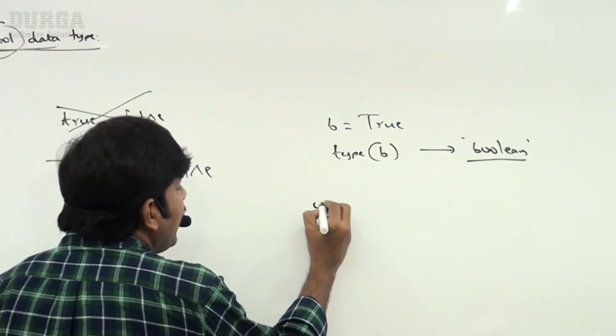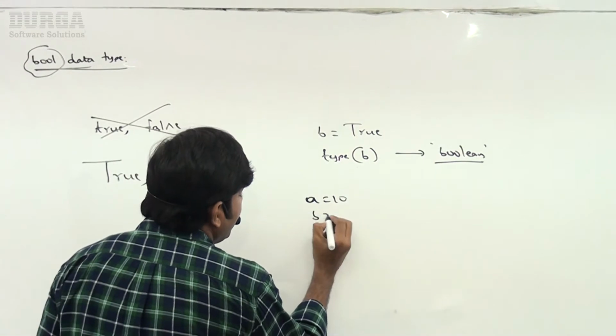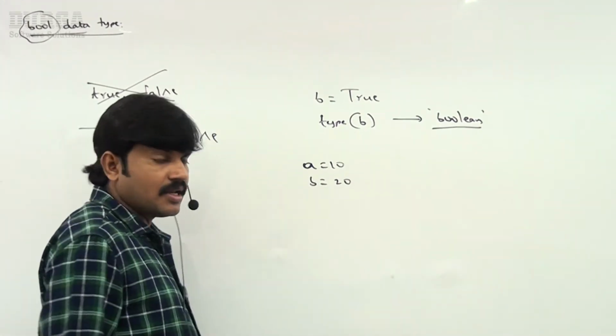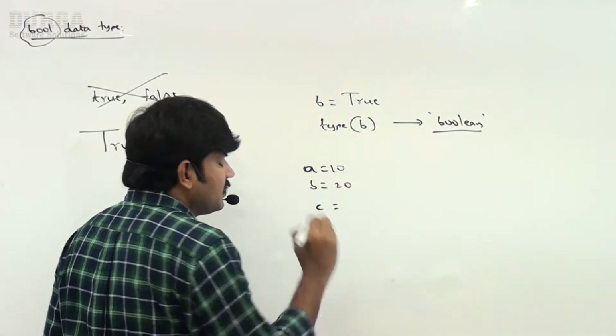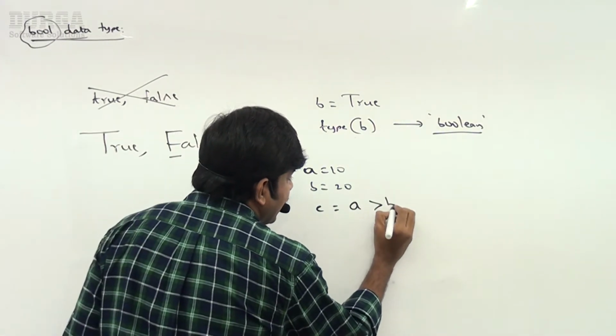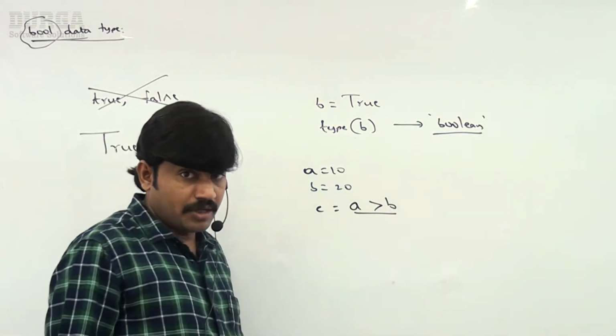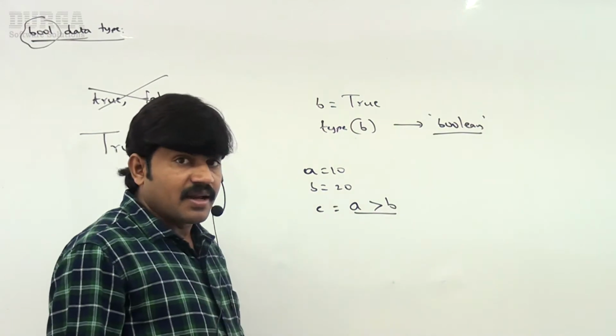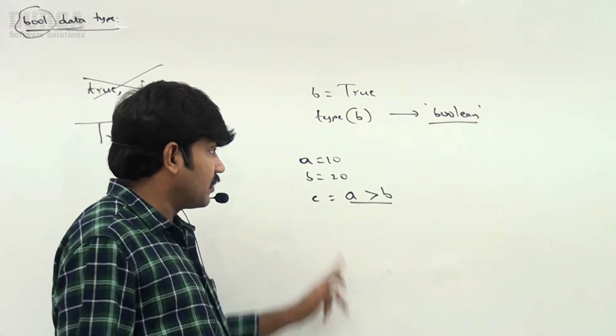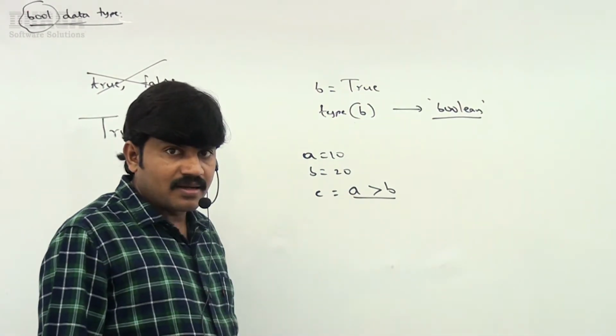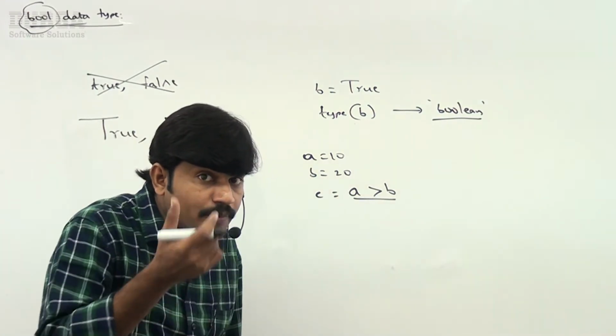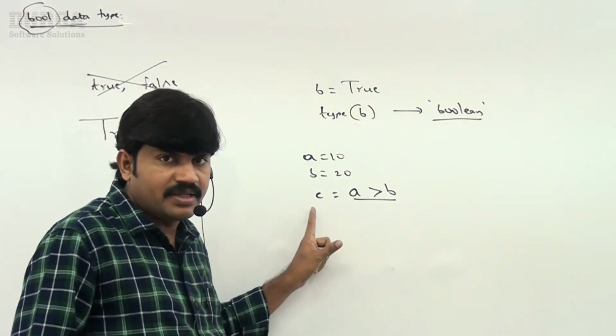Now, sir, I have A is equal to 10, B is equal to 20. Now C is equal to A greater than B. Can you please check, is A greater than B or not? Is 10 greater than 20 or not? No. That's why, what is the value stored inside C?